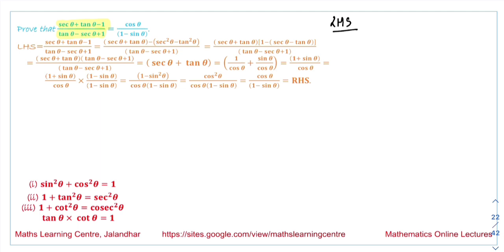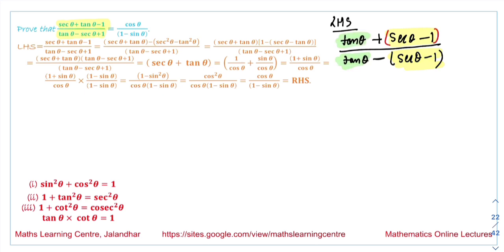So we can write these terms in the form tan theta plus secant theta minus 1, and in the denominator we have tan theta minus, taking the minus sign common, what we are left with is secant theta minus 1. If we put a bracket on this term, we see this term is secant theta minus 1, and over it we have tan theta.